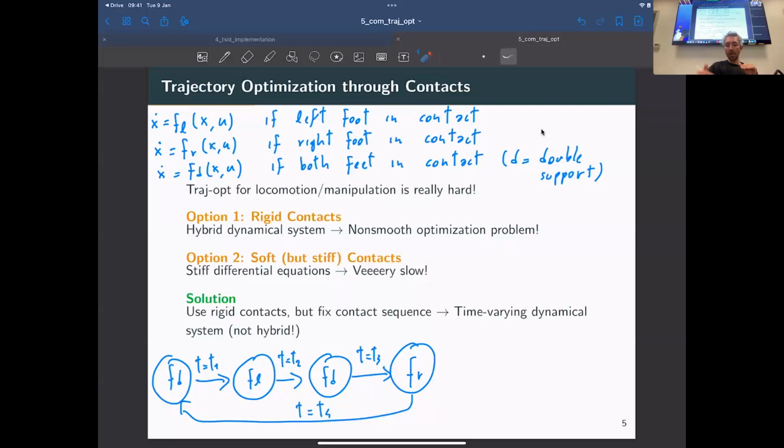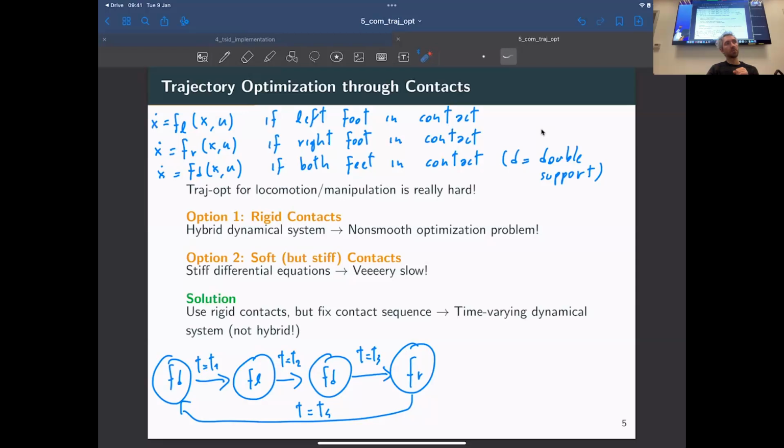And you can just then impose in the trajectory optimization problem that condition at that specific time. And if you have that, then your state trajectory is going to be continuous.